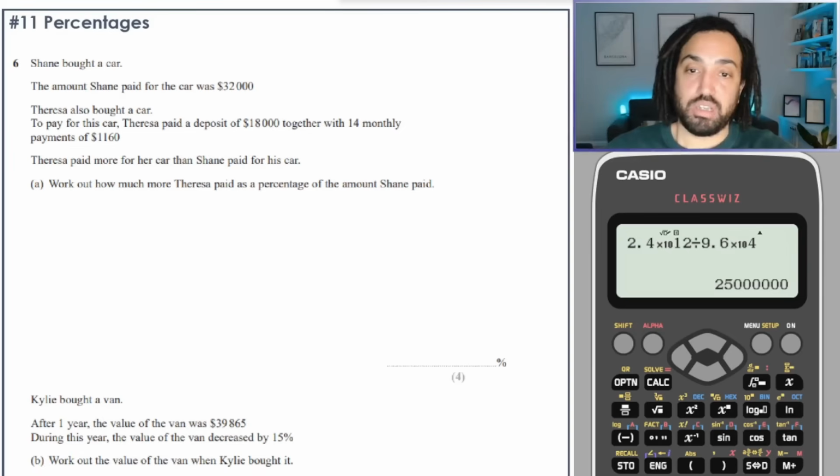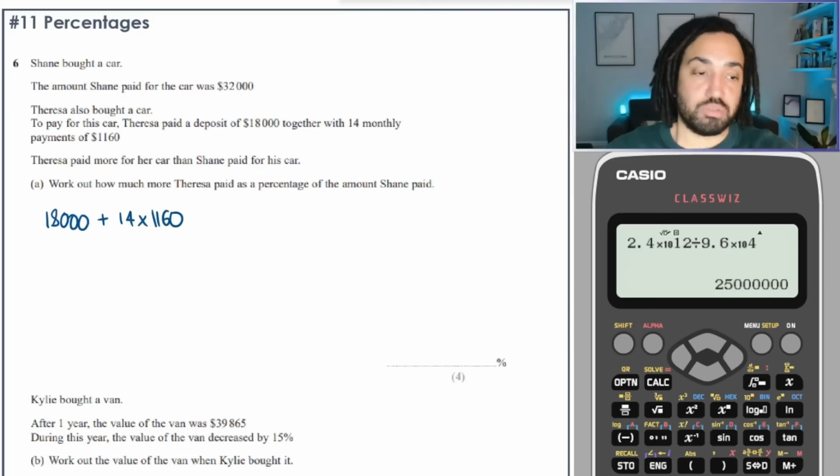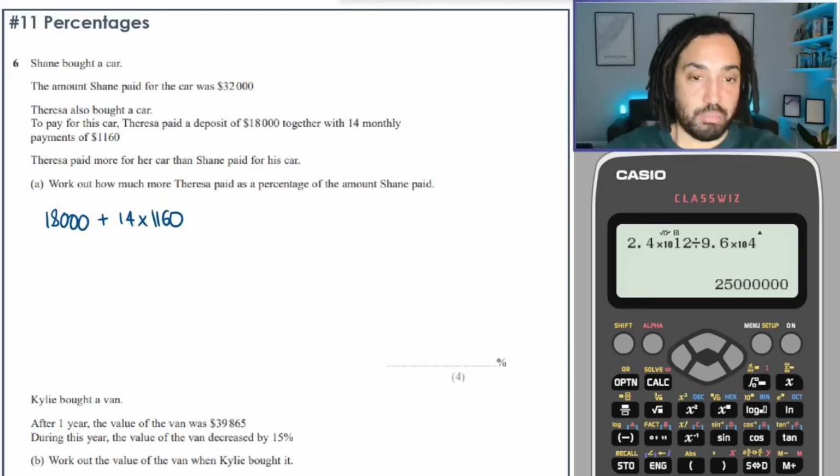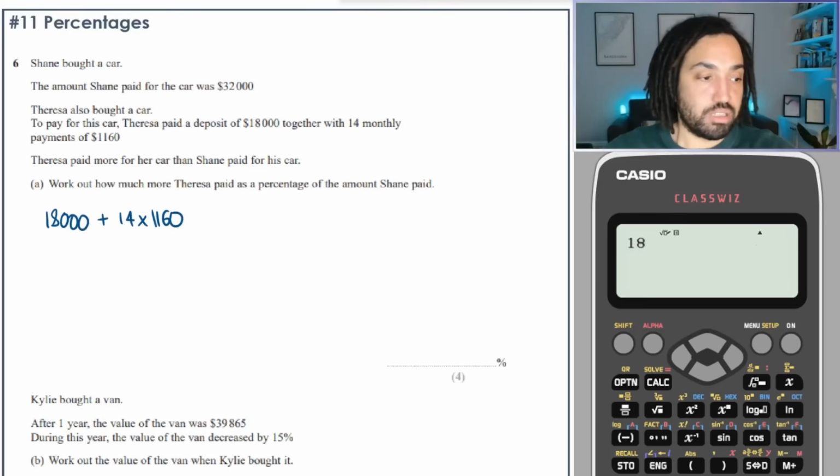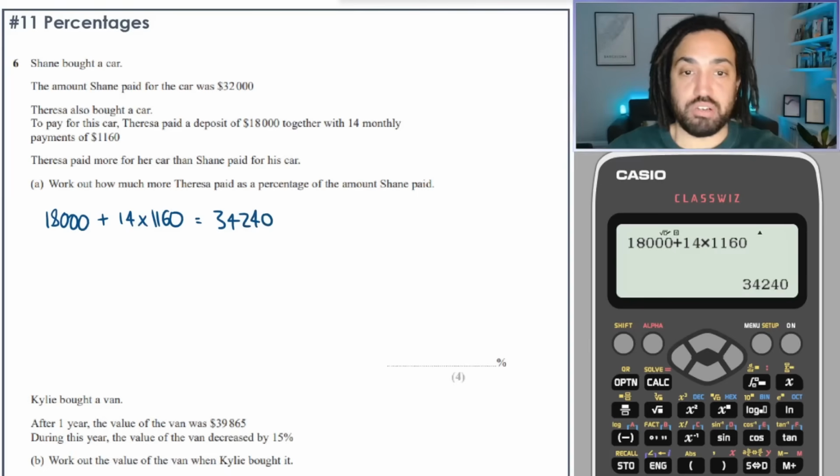Wowzer. Okay, well, first off, let's work out how much she actually paid. So it's 18,000 plus 14 times 1,160. Okay, so that is 34,240.